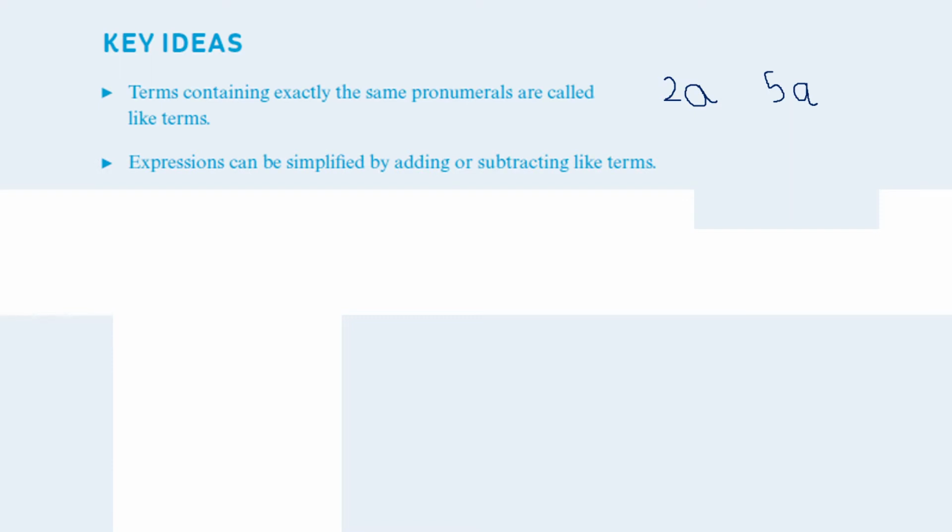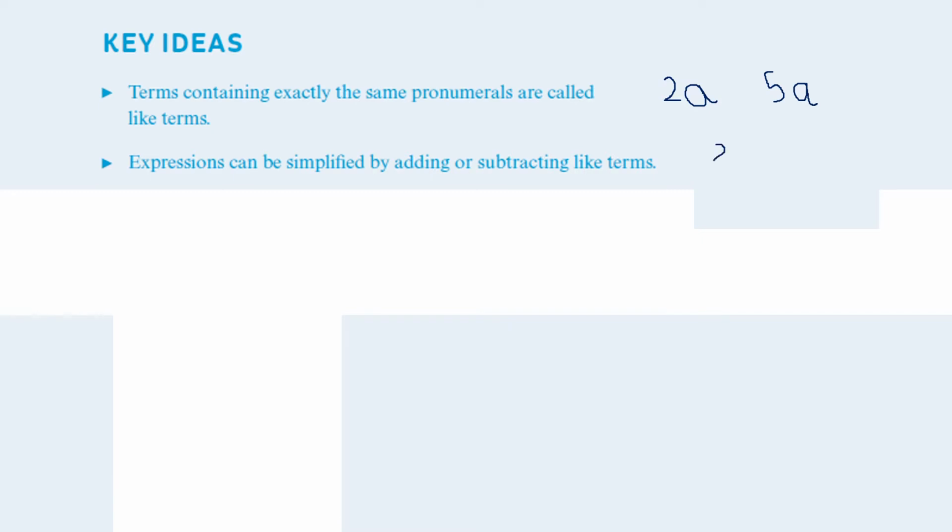Our second definition says that expressions can be simplified by adding or subtracting like terms. So we could do something with these two terms. I'm just going to use adding as my step.